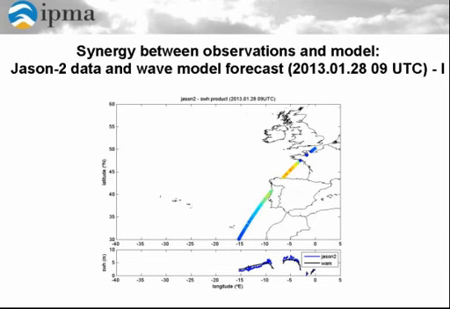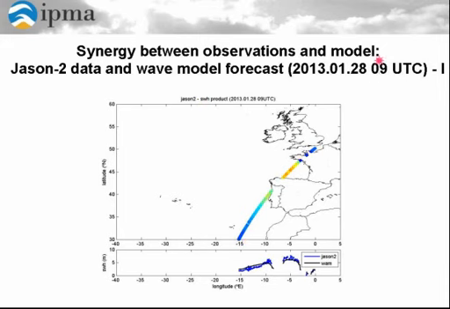But now I will bring you some results from the synergy between the observations and the model. And by observations, I mean altimetry observations from the Jason-2 altimeter. This is the significant wave height product. You can see here the path of the altimetry.